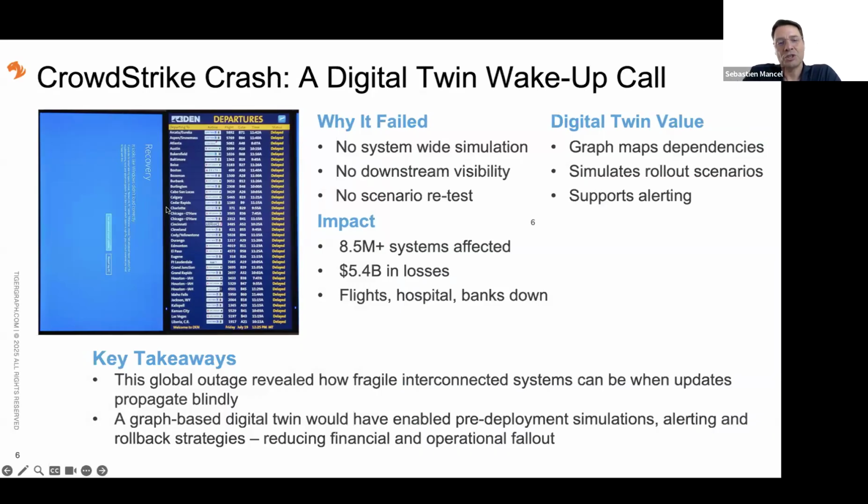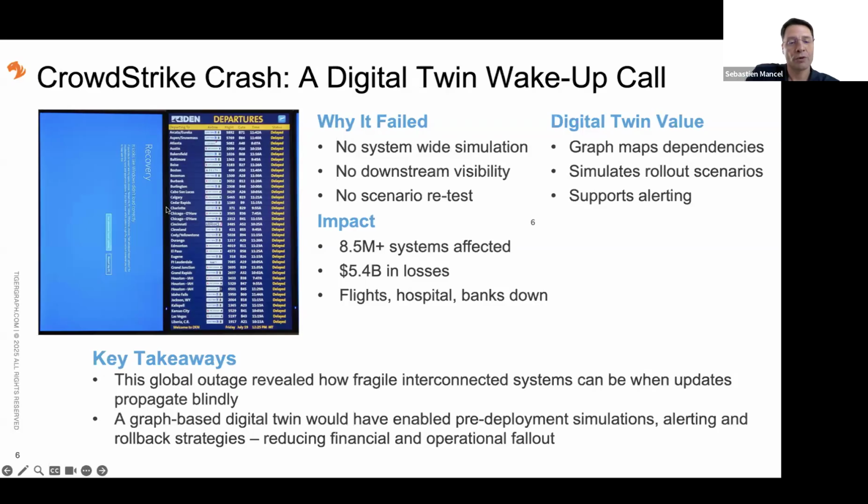A few key issues contributed to the scale of the failure. One, there was no system-wide simulation prior to the rollout. Second, CrowdStrike had no visibility into downstream dependencies, making it hard to assess the full scope of the impact. And third, there was no scenario-based retesting to evaluate potential failures and failure propagation.